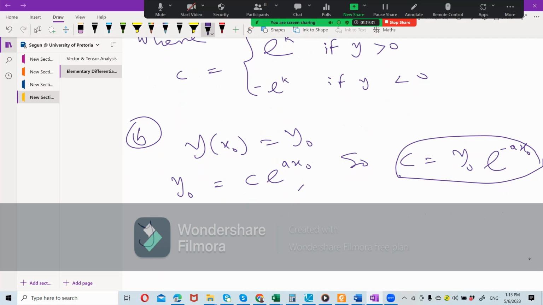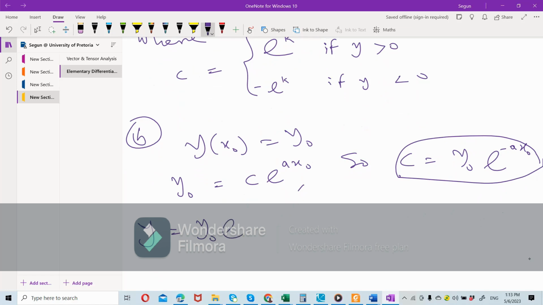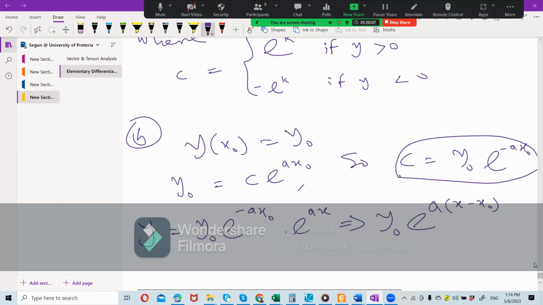So I'm going to have y equals to y naught exponential minus a x naught dot exponential ax. If I match the two together, I will have y naught exponential a in brackets x minus x naught. So that is what will happen based on the boundary condition you are given.